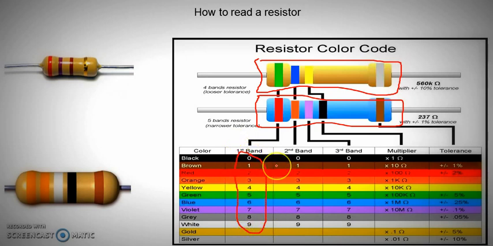So here in this example we can see a 4-band as well as a 5-band resistor where each band indicates a value, a digit. In the case of a 4-band resistor, the first 3 bands are considered as the value bands, whereas the last band is considered as the tolerance band.